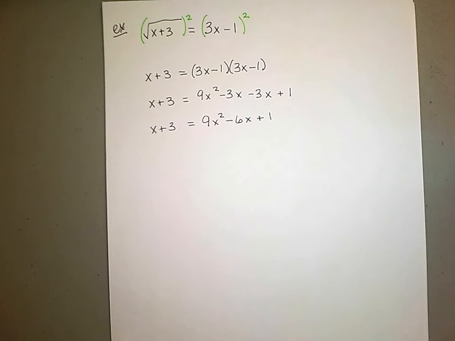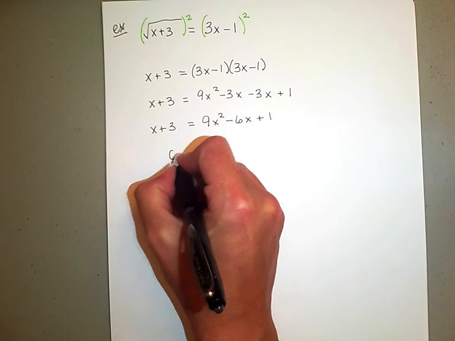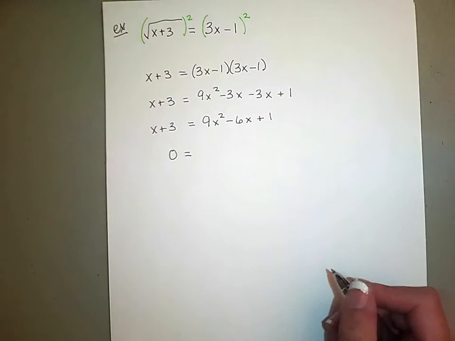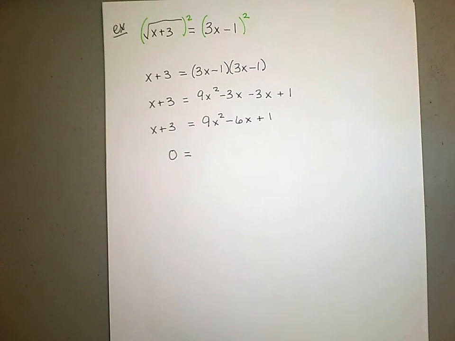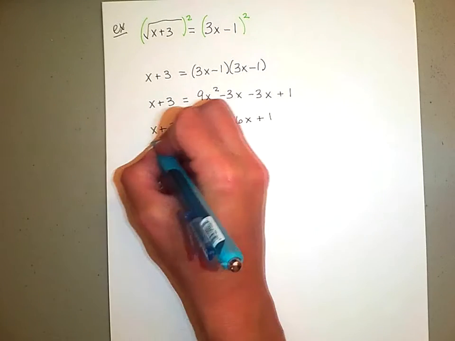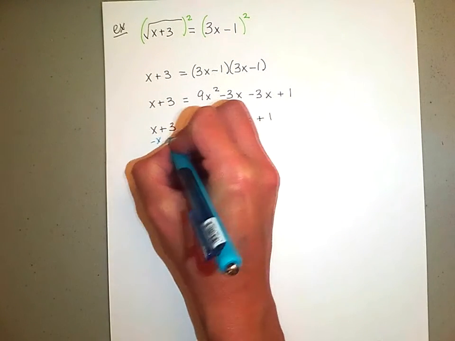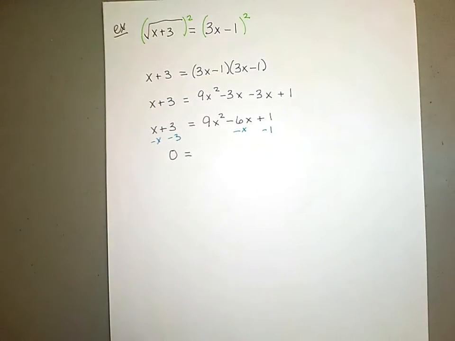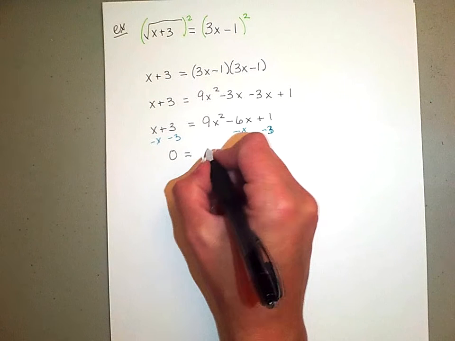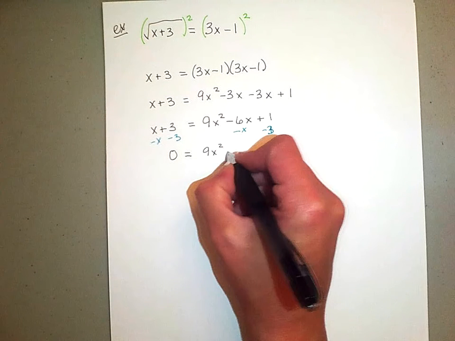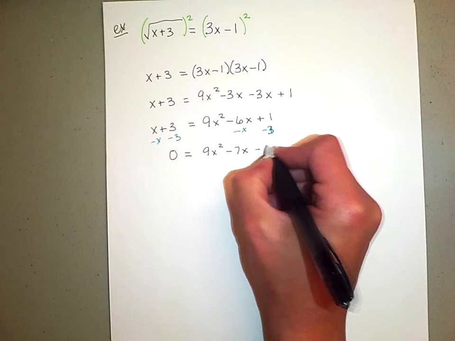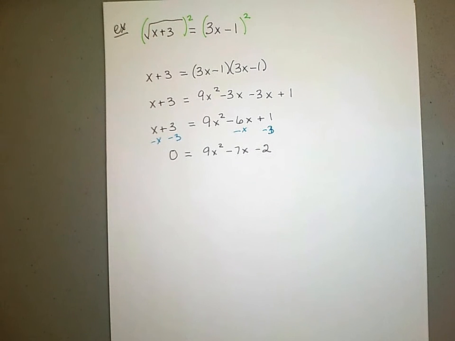And now this is quadratic. When you have quadratics, it's always nice to have something equal to 0. So to do that, I'm going to have to subtract x from both sides and 3. So now we have 9x squared minus 7x minus 2.